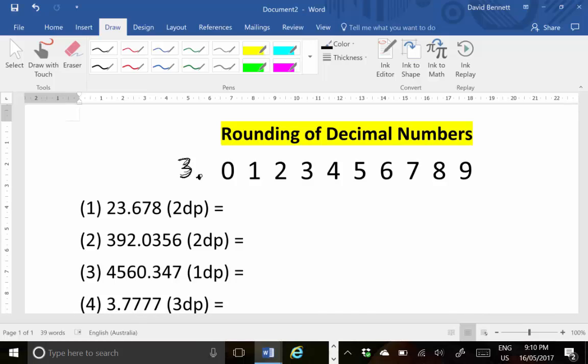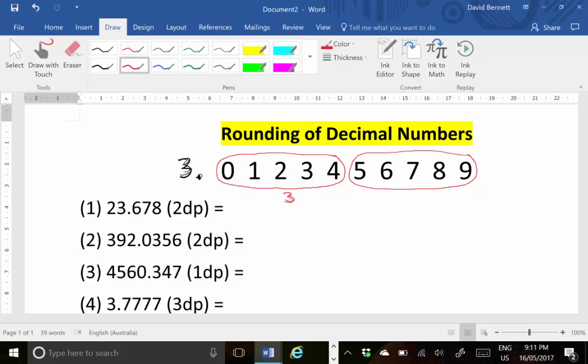Now, the important thing here is if you count the number of decimal places, we could split this into two lots. We've got 5 numbers on this side, and 5 numbers on that side. So if it's here, then it's going to stay at 3.